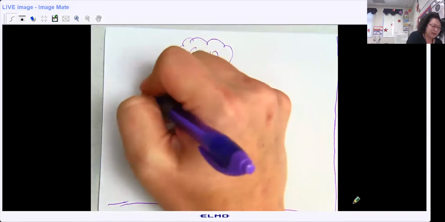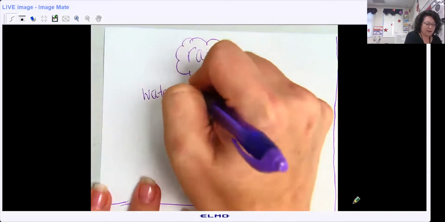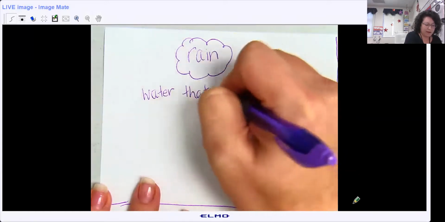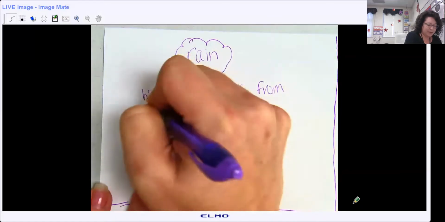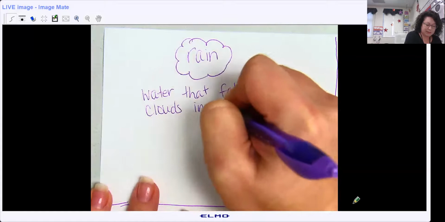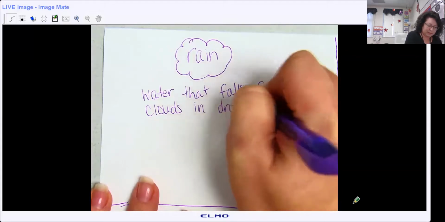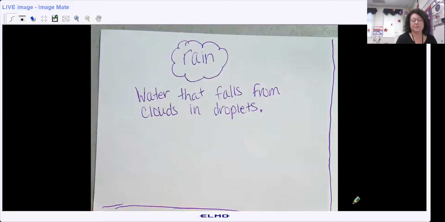Rain is water that falls from clouds in droplets. Forgot my capital letter there, my period. Okay. So then you have enough space here where you can illustrate it.